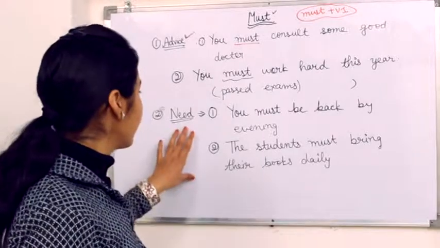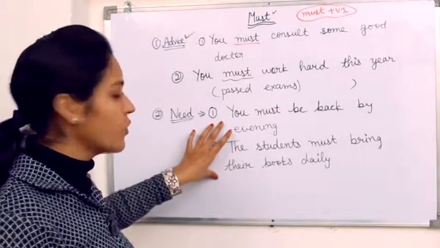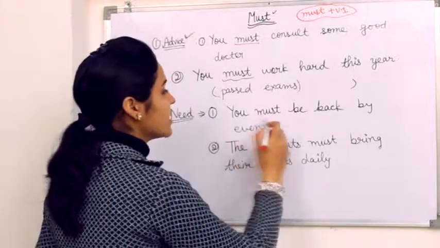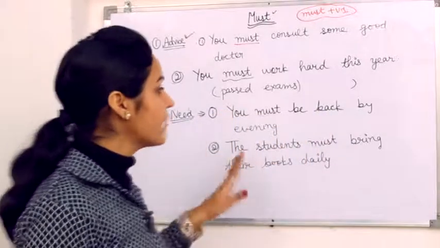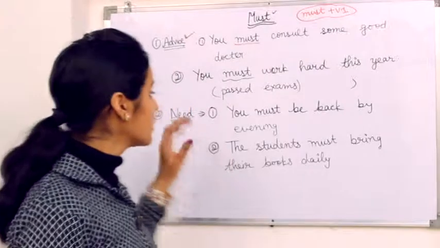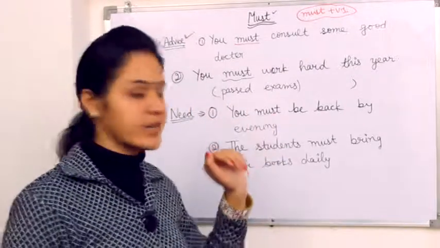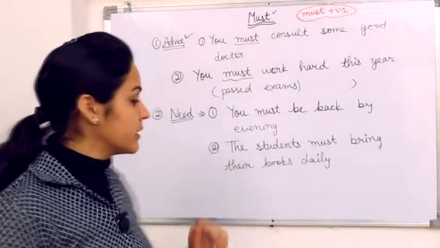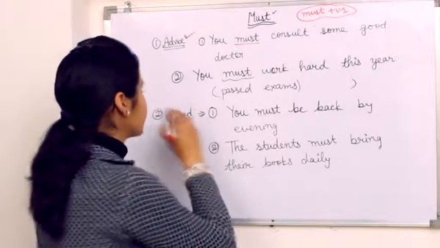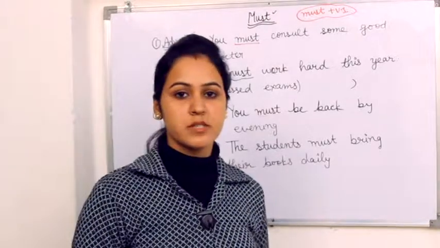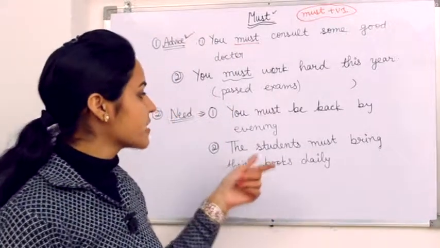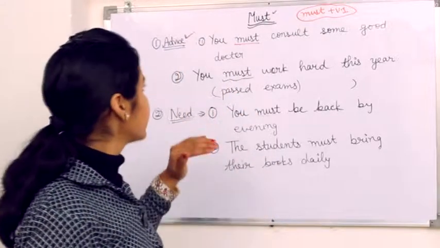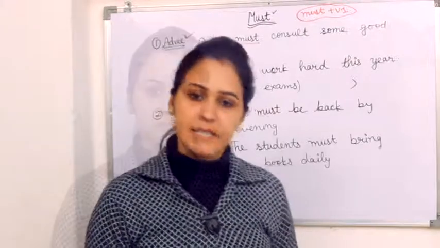So this is a kind of need. In this situation you have to apply the rule of V1, means you must be back by evening. You have limited time, so you have to apply must here. And in the second, the students must bring their books daily. This is also a kind of need, and an order of some authority that students must bring their books daily. So these are the conditions of advice and need.